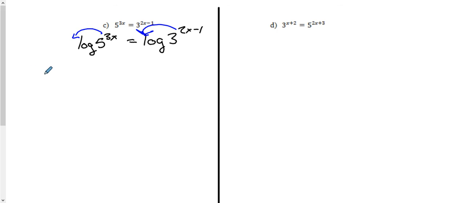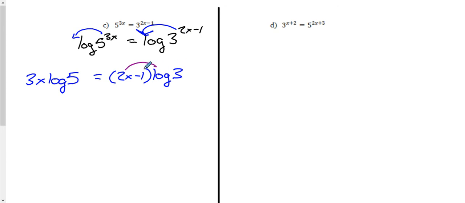So if I rewrite this, I have 3x log of 5, and that's all equal to (2x minus 1) log of 3. And yes, I put brackets on it because that whole binomial moved down in front, so it's a binomial here. From here, if I see a binomial times log of 3, I'm really going to distribute.